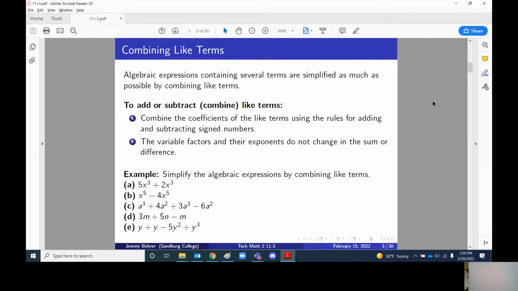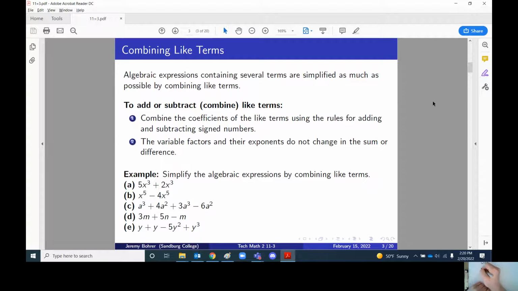Moving on, we are asked to simplify these algebraic expressions by combining like terms. So we've got 5x cubed plus 2x cubed.